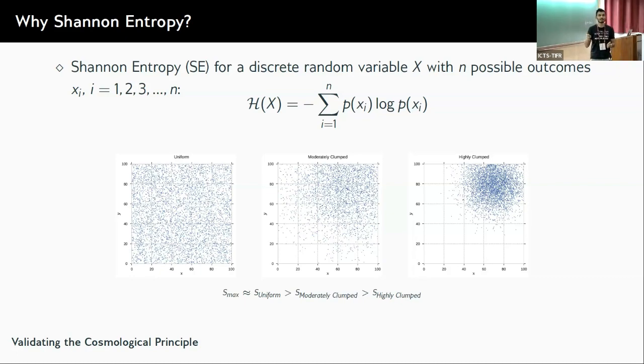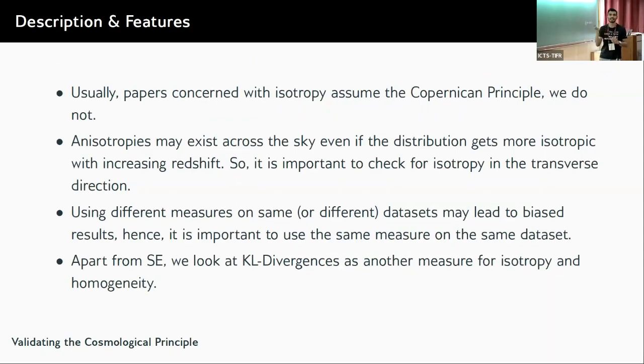So we actually have a maximum value for the Shannon entropy when the distribution is uniform, which we can use then to scale with the Shannon entropy of our data, so that we get a value between 0 and 1, right? This is very convenient.